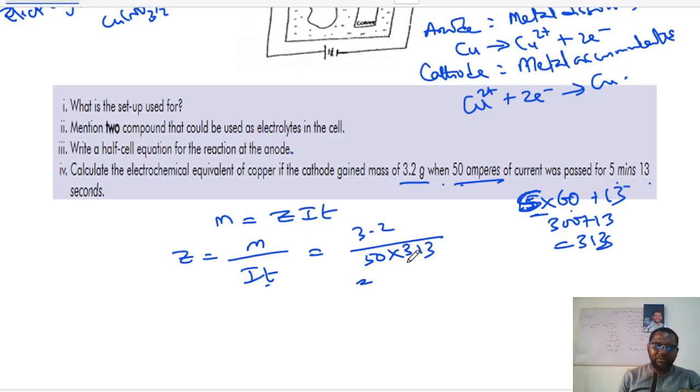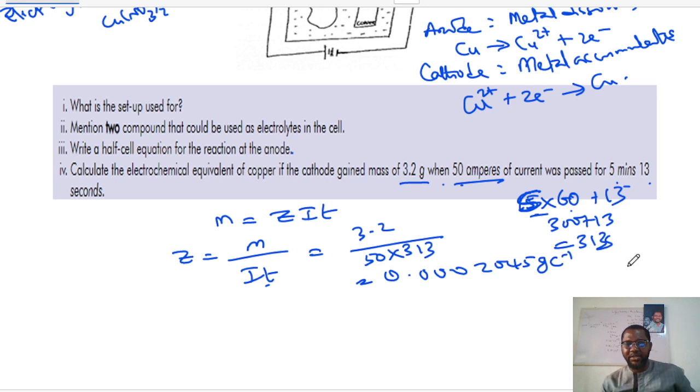So now, to find the electrochemical equivalent, we have 3.2 divided by 50 times 313. This gives us 0.000245, and the unit is grams per coulomb. Quite easy, right?